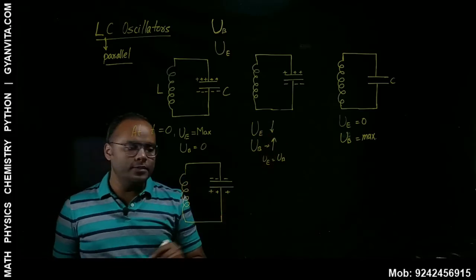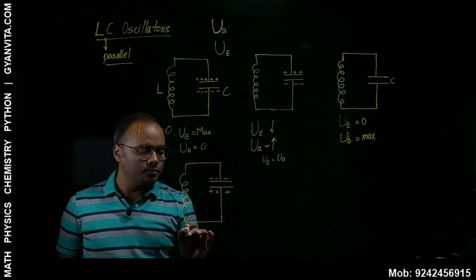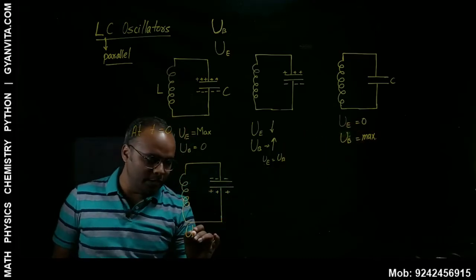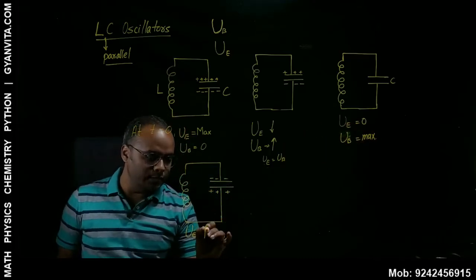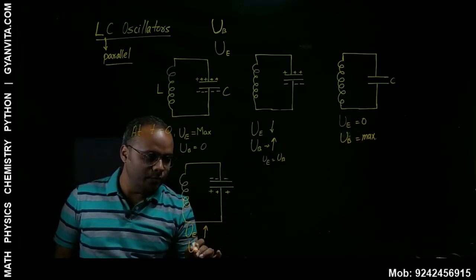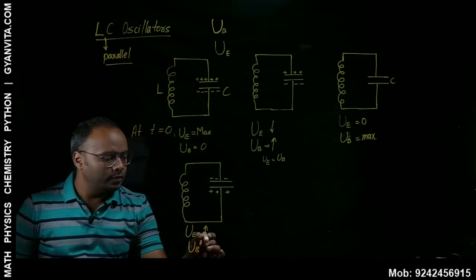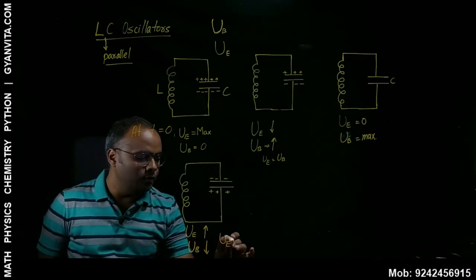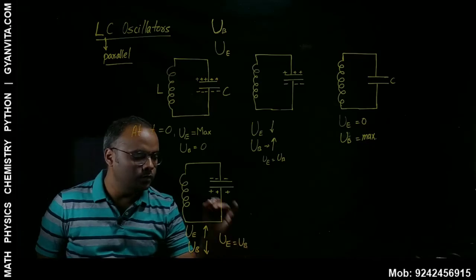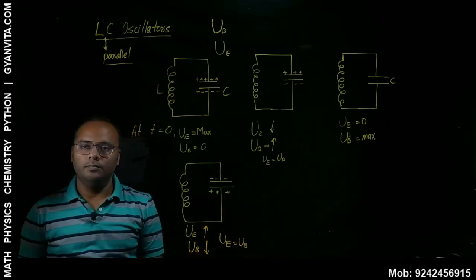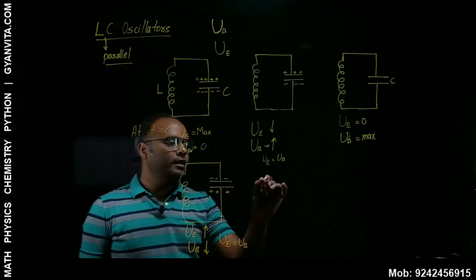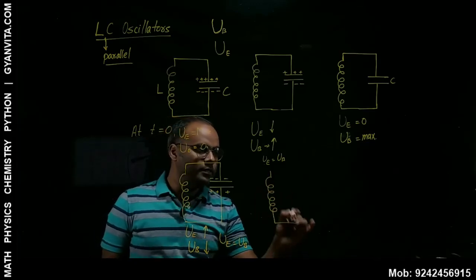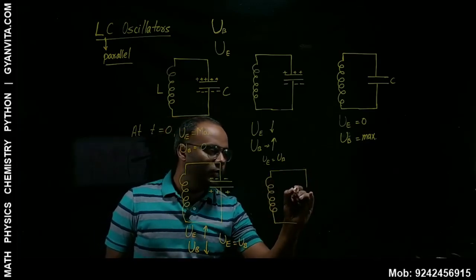That is, the electrical potential energy which was zero here will start increasing, and the magnetic potential energy will start decreasing, and ultimately there will be a point where these two energies are again equal, right? And then ultimately, again, this capacitor will get fully charged.